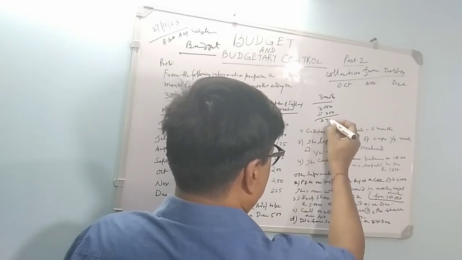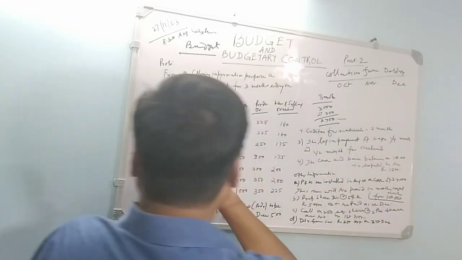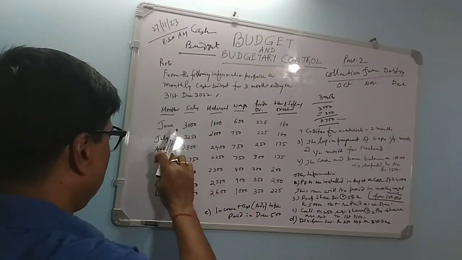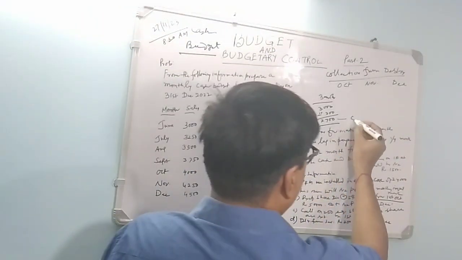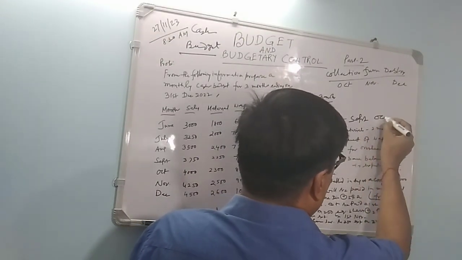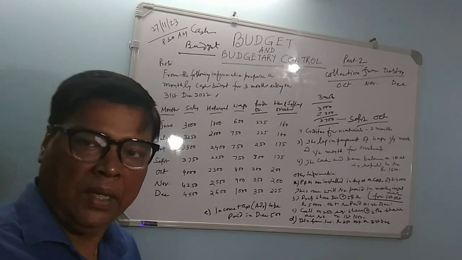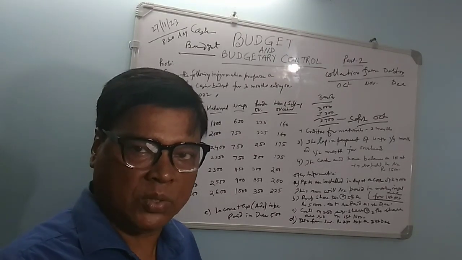So 2700 will be your due. For credit sales, 50% is due in the due date month and 50% in the subsequent month.